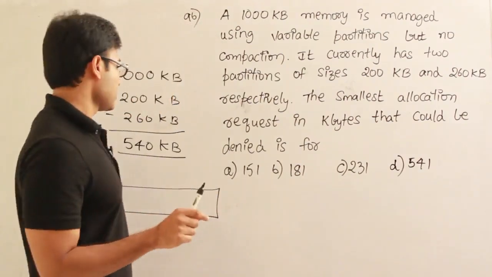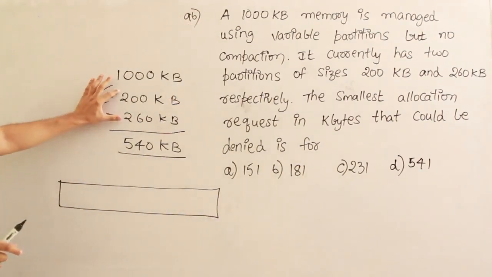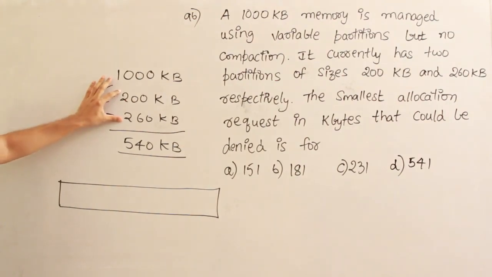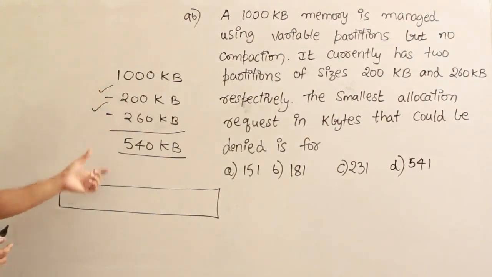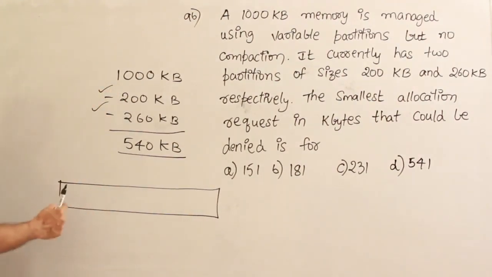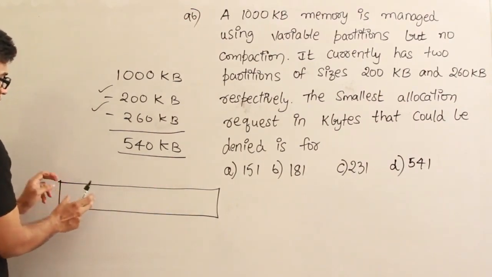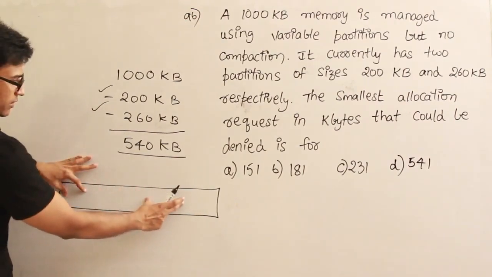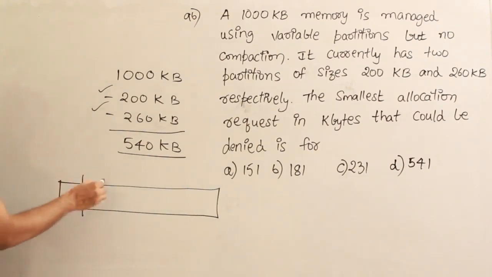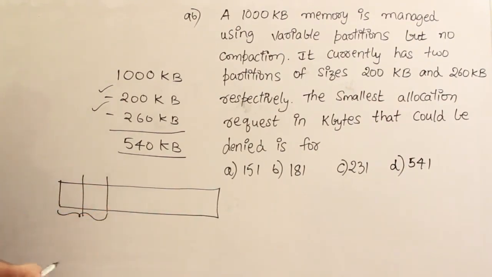So using these two processes of these sizes, how many maximum partitions can you get? If you put both of them together here, 200 and 260 directly, then we get only one partition, and that partition or the hole will be very big, right?